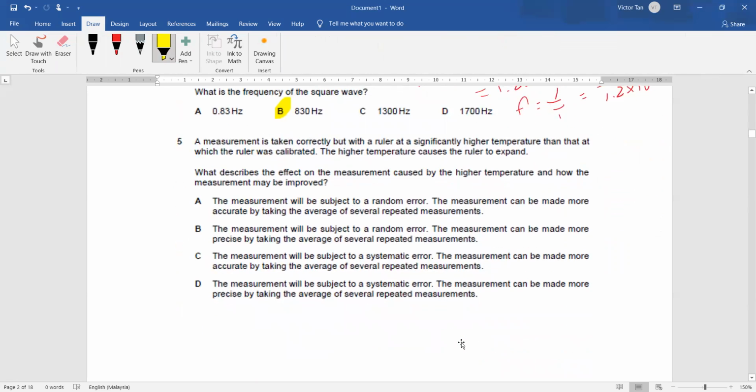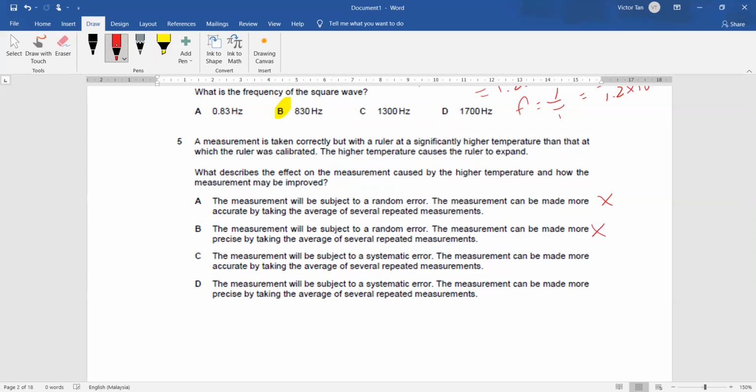A, the measurement will be subject to random error. Wrong, it's not random error. It will be systematic error. Systematic error is an error that is always larger or always smaller, whereas random error can be either larger or smaller.